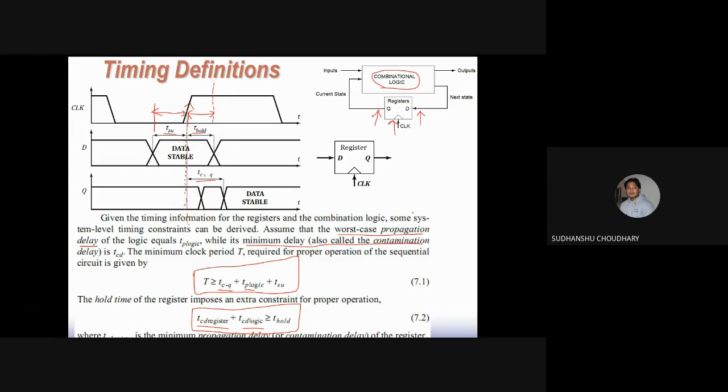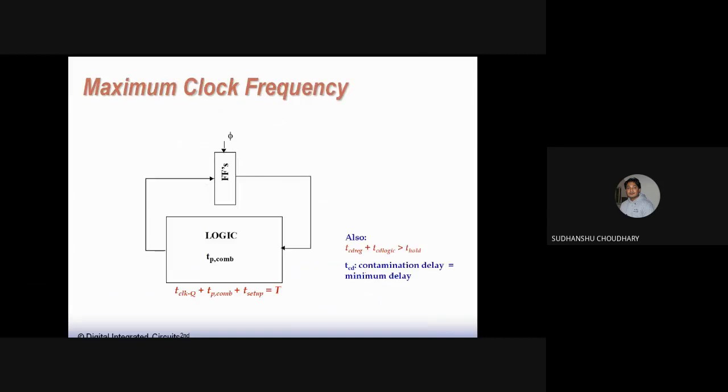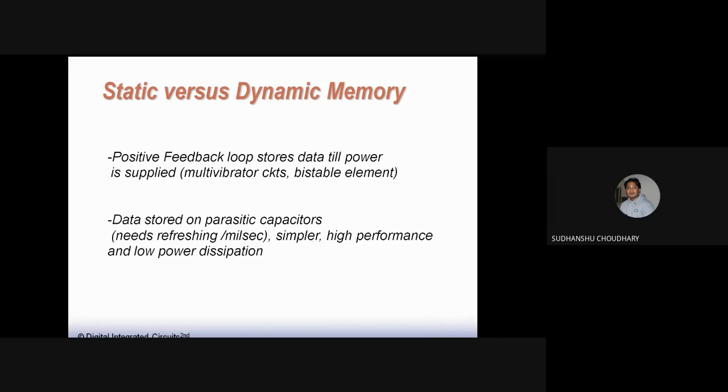So this much clock period should be present at minimum. If it is less than that, then the output may be something which is not expected. So obviously it can be seen from there. Yeah, so we discussed the maximum clock frequency.